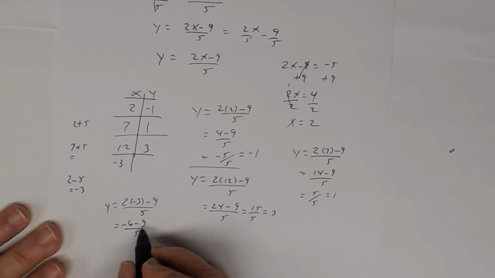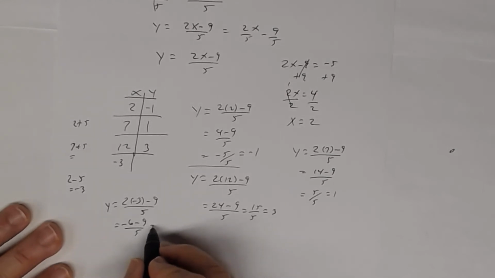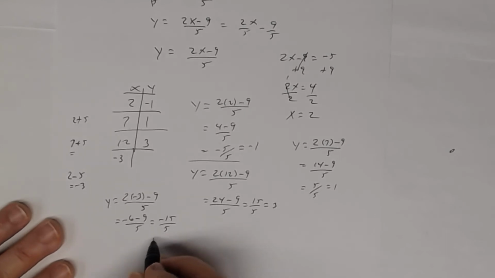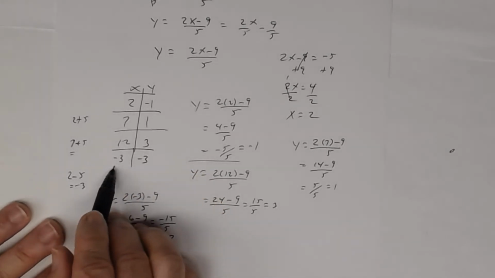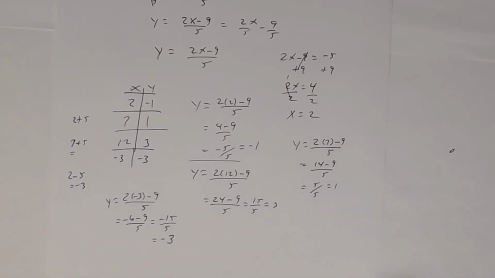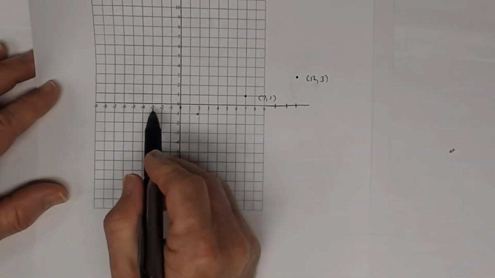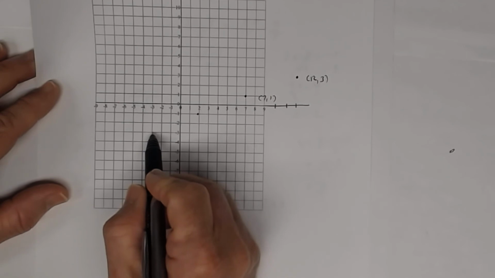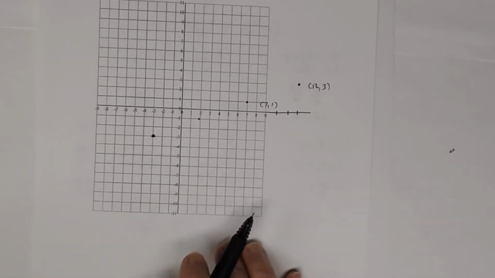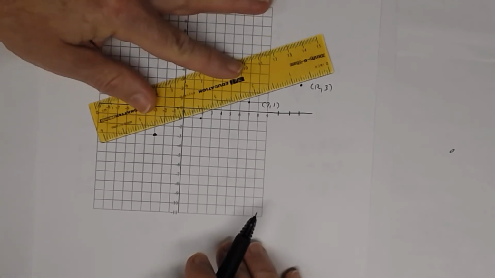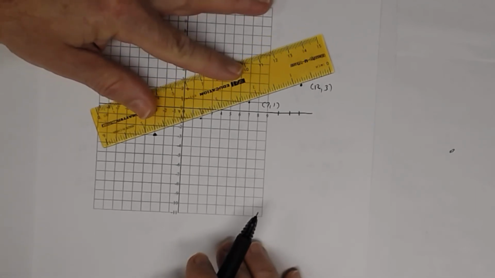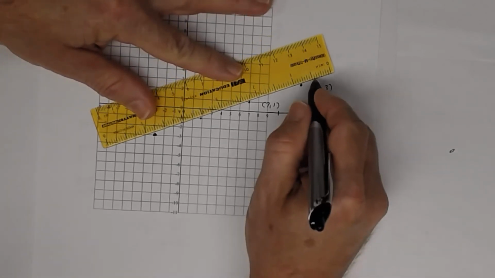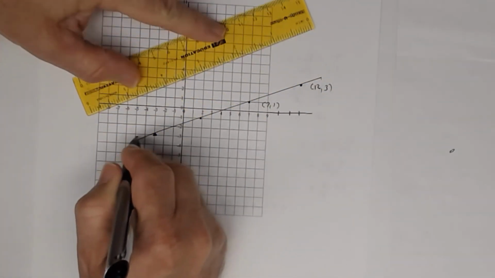A negative 6 and a negative 9 is a negative 15 divided by 5. And negative 15 divided by 5 is a negative 3. So I get the point negative 3, negative 3. And so look, negative 3 is here, right here. And they lie on the same line. Okay? All right. So there's the graph.